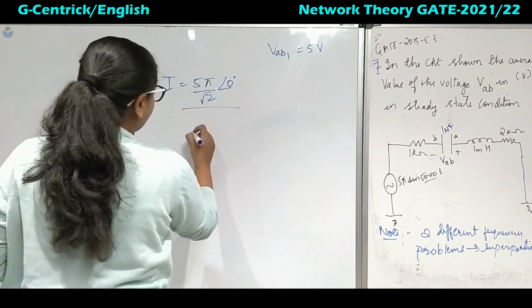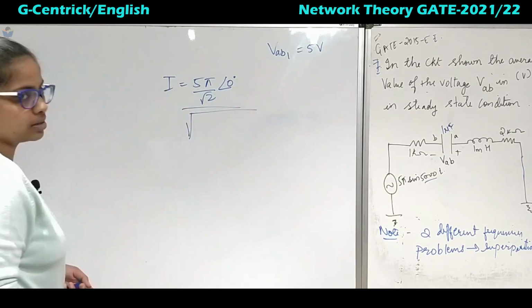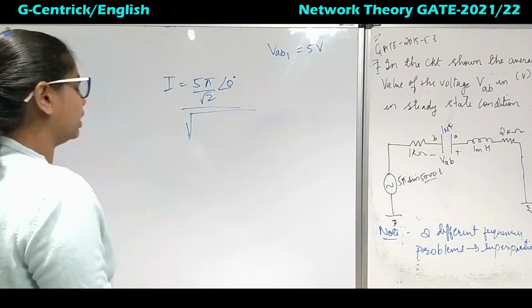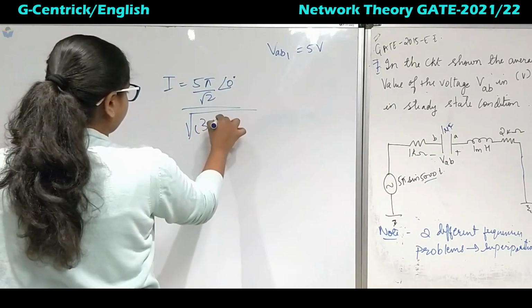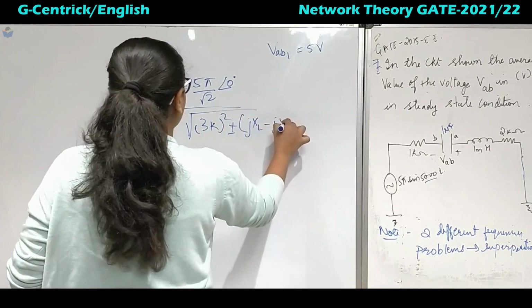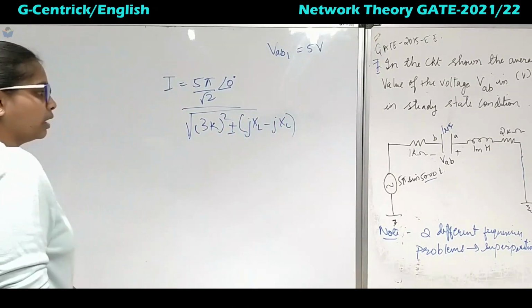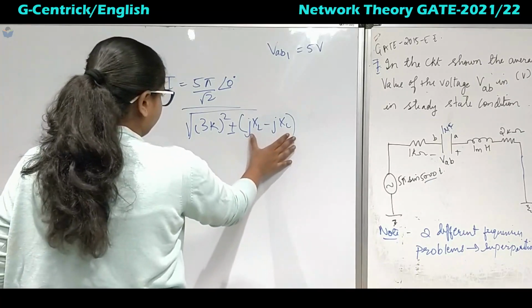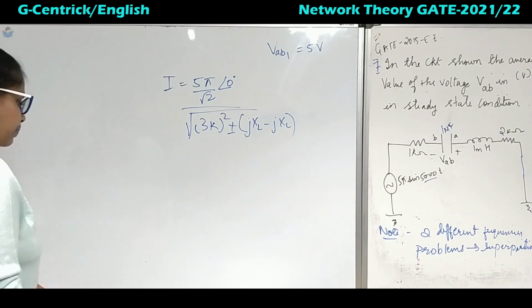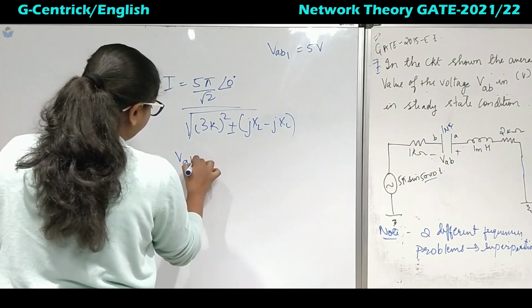So V by R, that is our impedance, right? Impedance of the circuit. So we have 1 plus 2 as 3K whole square plus minus JXL minus JXC, whichever is greater. So this we will calculate after converting them to ohmic value. Now we can also calculate what will be VAB.